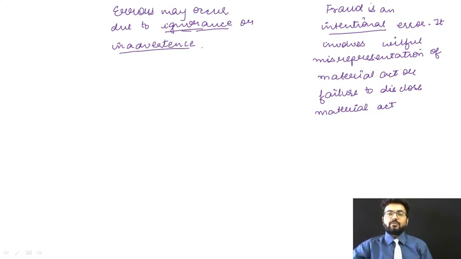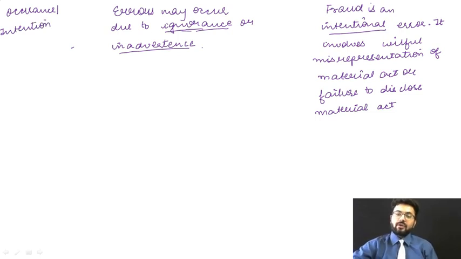The basis is something which is common between both of them. So this can be occurrence, or this can be intention. There is no such intention when it comes to errors. When it comes to fraud, there is totally an intention.